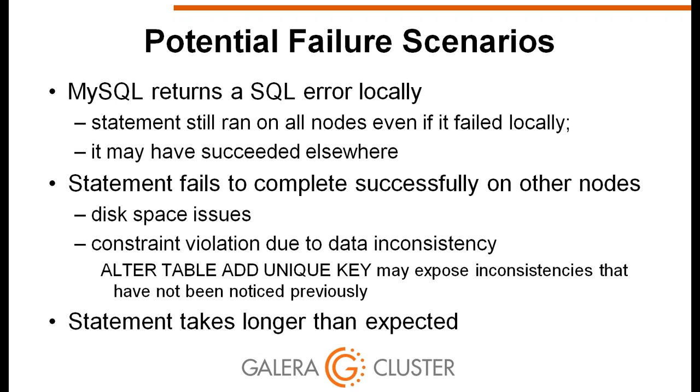As mentioned before, very frequently it is a disk space issue that has occurred on some other node, or your data has diverged for some reason in the past, has become inconsistent, and now when you, for example, try to add a unique key to your table, such an inconsistency gets exposed, even if it happened a long time ago.